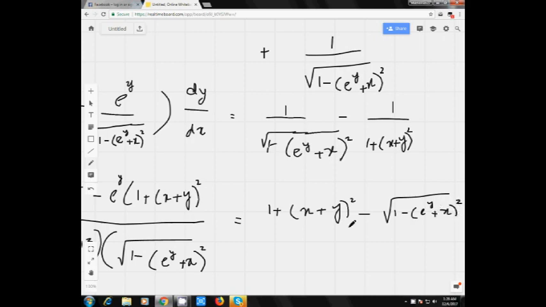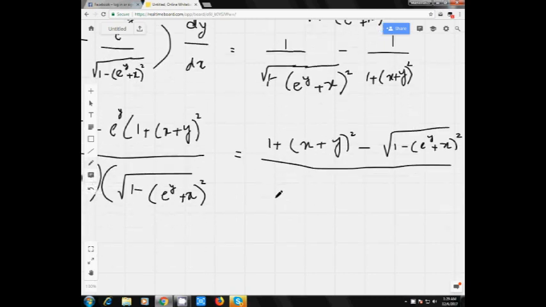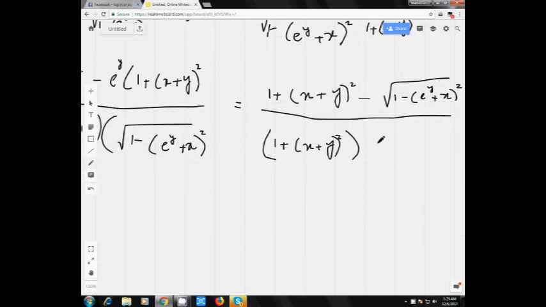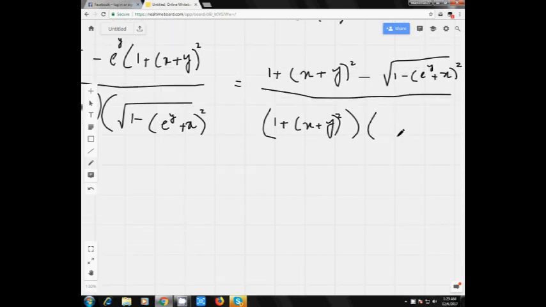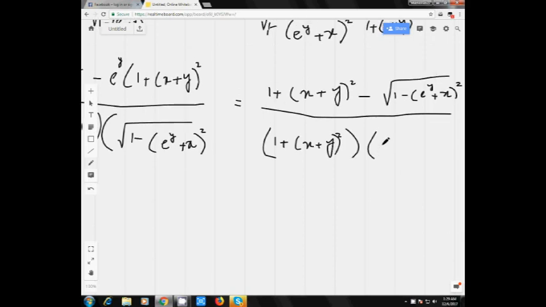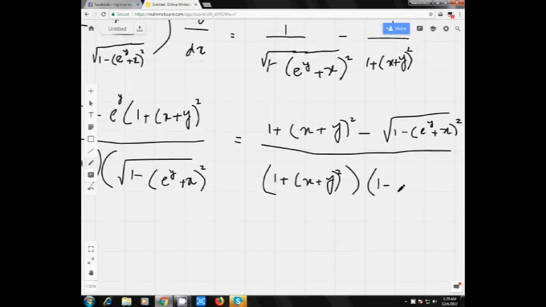The LCM technique that is applied to the left hand side, the same is applied here on the right hand side: (1 plus x plus y) square, (x plus y) whole square times square root of (1 minus e raised to the power (y plus x)) whole square.